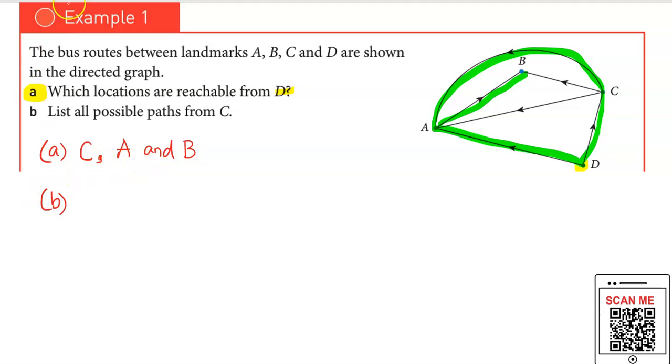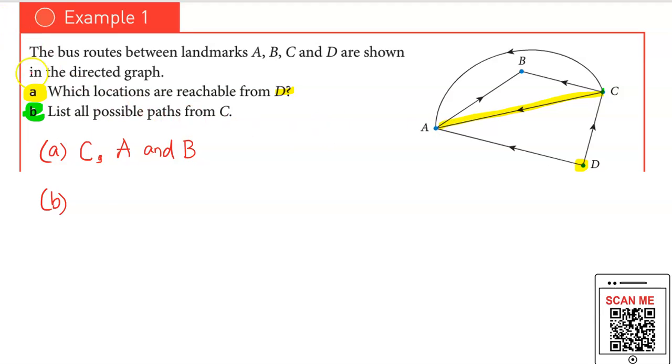Question B: list all possible paths from C. That means I want to list out where I can go from C. Let's look at this carefully. From C, we can go to A using this path, CA. So I write down here, CA.